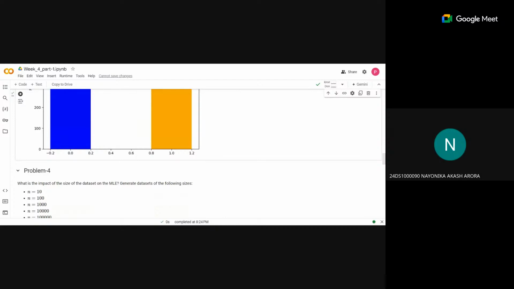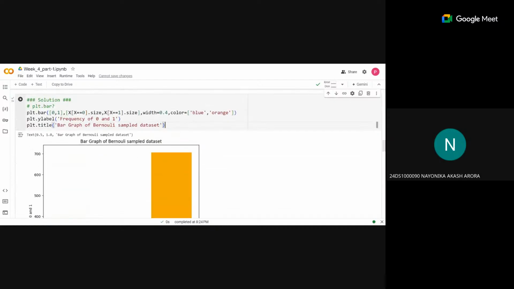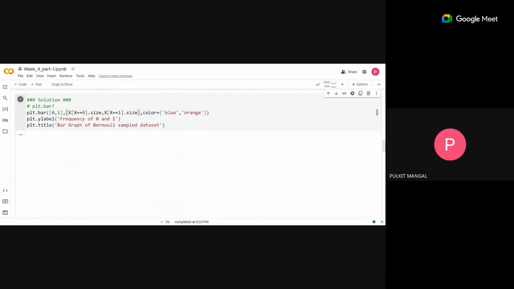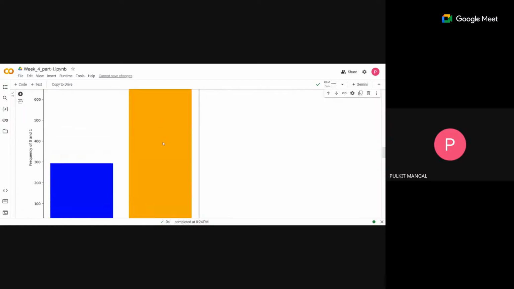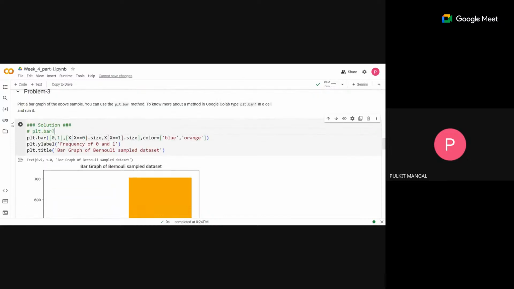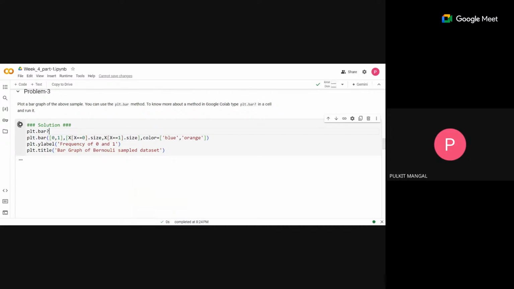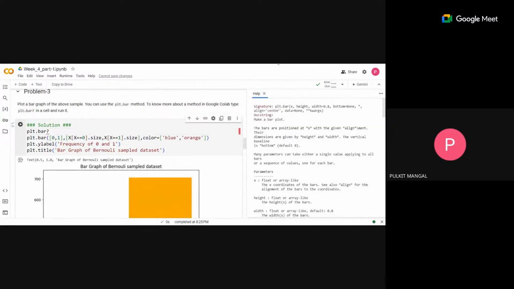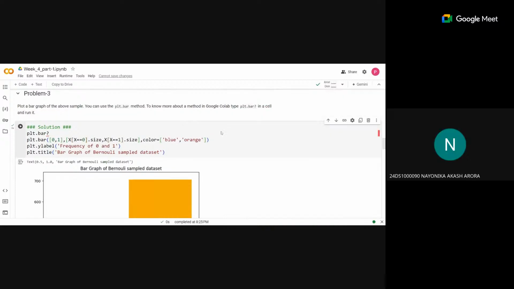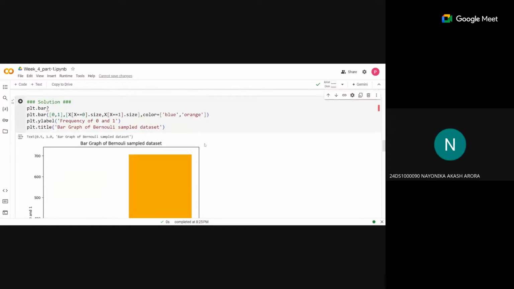Sir, if we don't mention the width, then what difference will it make? It will take the default value. You've seen the width has changed. If you open this, it has taken the default value 0.8. So the interpretation from it won't vary?